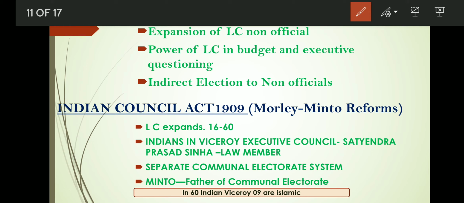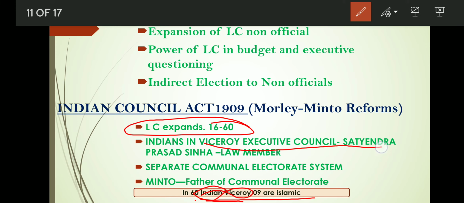The trick is: in 16 Indians, 9 are Islamic. In 60, 9 are Islamic. So the numbers 16 to 60, Indians in Viceroy Council, India 9.